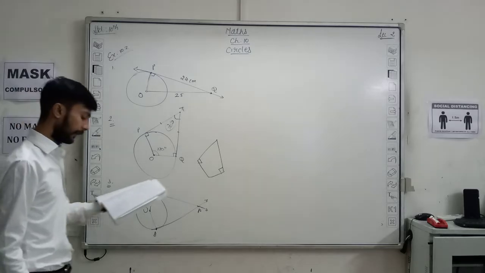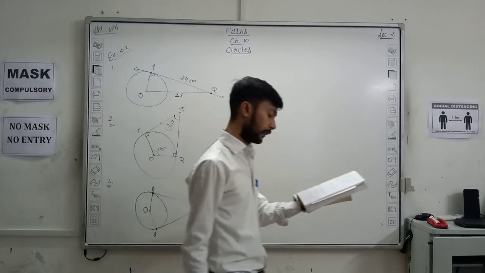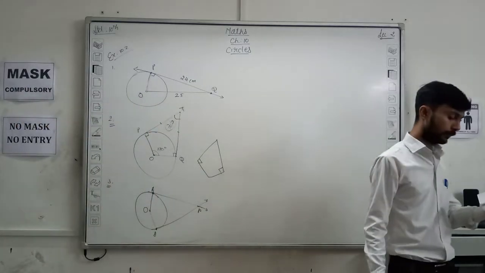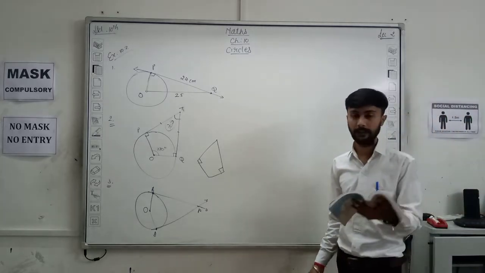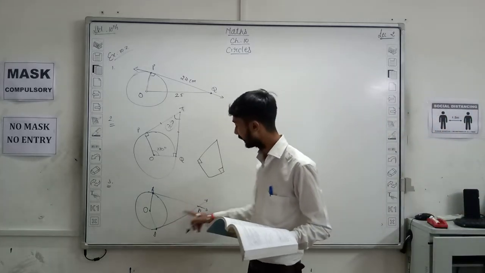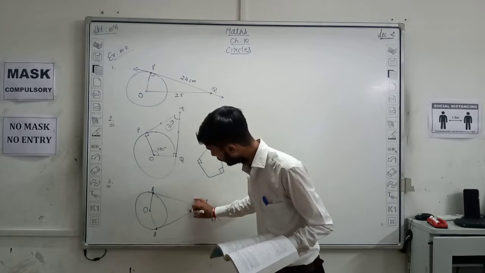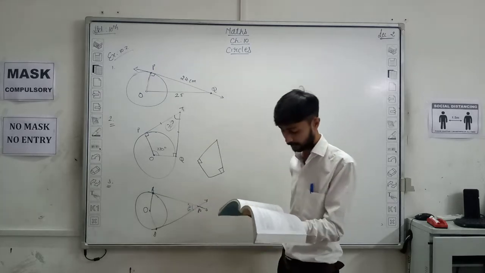So two tangents PA and PB to a circle with center O are inclined to each other at 80 degrees, right?